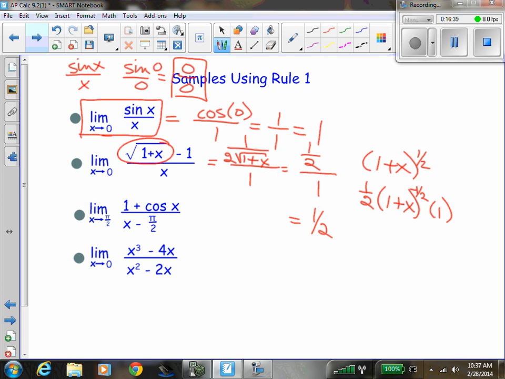Right? Now, here's an interesting part about that problem, and one of the reasons why I want you to like L'Hopital's rule. If you first look at that problem, does it appear like it's going to be a hard problem? It does, because it's just a strange expression, right? And one of the things that you're going to see on the AP exam is they'll give you a strange expression and ask you to do something to it.